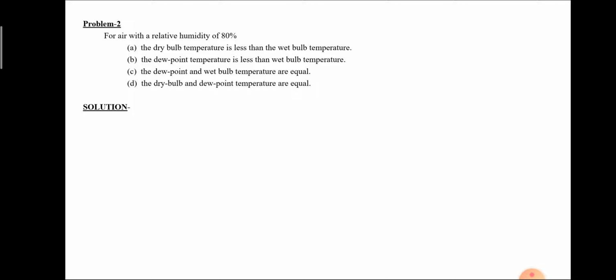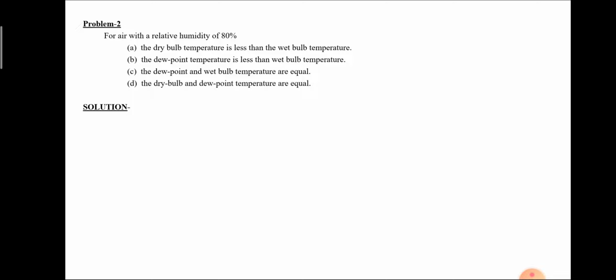Problem 2 says: for air with relative humidity 80%, which of the following options are correct? To understand this problem, we have to know the properties of air, and some basics like dry bulb temperature, wet bulb temperature, dew point temperature, and relative humidity.